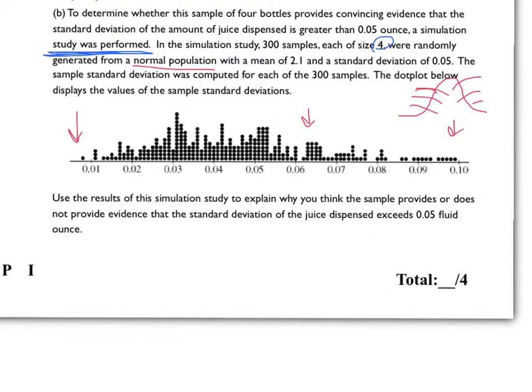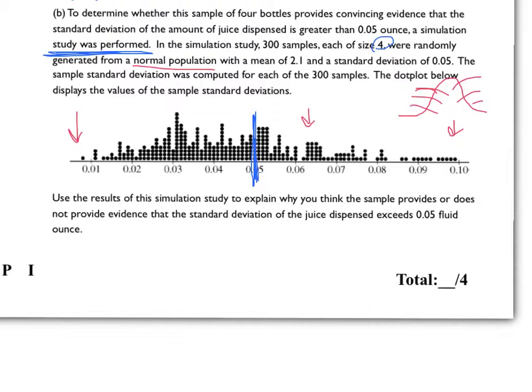The dot plot below displays the values of the sample standard deviations. So it says, use the results of the simulation studies to explain why you think the sample provides or does not provide evidence that the standard deviation of the juice dispense exceeds 0.05 fluid ounce. Now, 0.05 fluid ounce is right here, right in the middle.